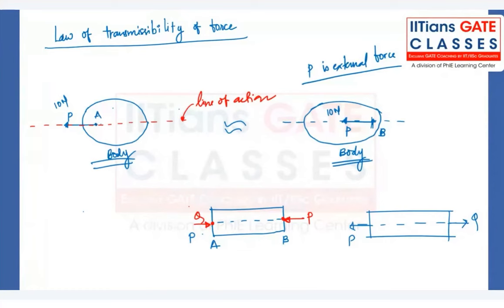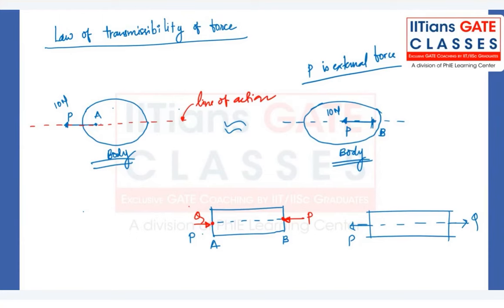But here the effect is completely different. You can see in the first figure they are producing a compressive force, but in the second figure they are now producing a tensile force, right?